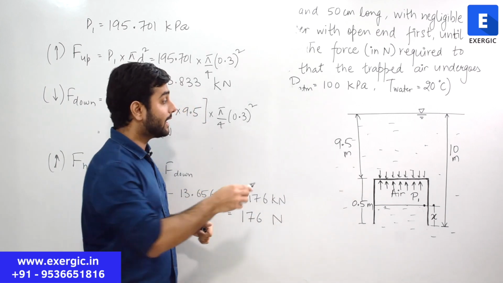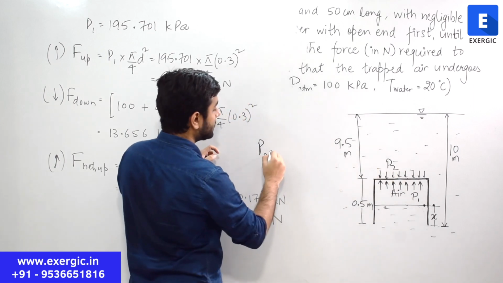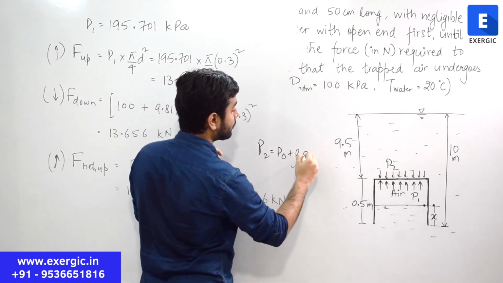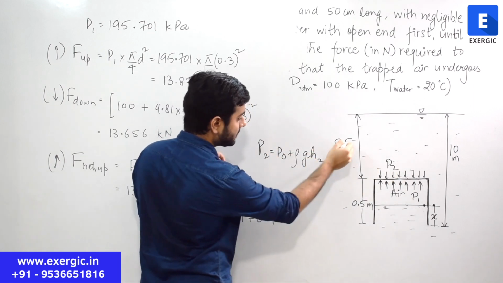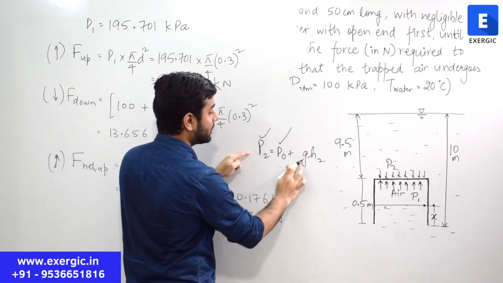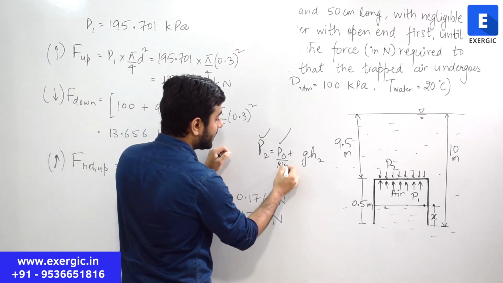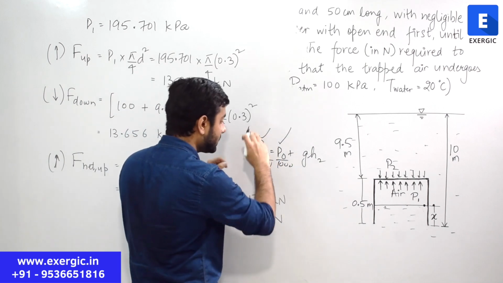And what we can write, that pressure at this point, let us say this is P2, is equal to P naught plus rho g h2, this one. And since it is in kilopascal, this rho, which is 1000, we can remove, so that we can divide it here and here, and now they are in kilopascal.